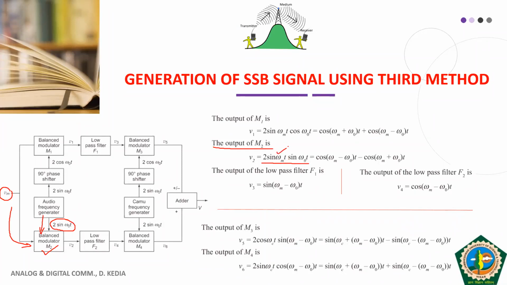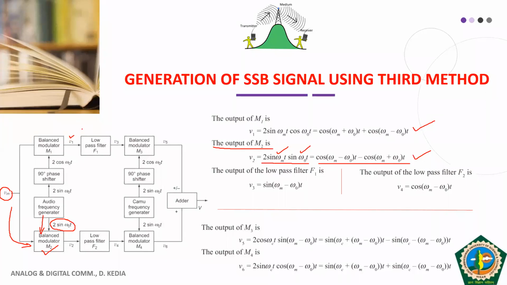So you have 2 sin A sin B. If you apply the trigonometric identity, you get cos(A−B) minus cos(A+B). As a result, you get cos of (ωm minus ω0)t minus cos of (ωm plus ω0)t. This is the output of balance modulator 2, and the earlier one is the output of balance modulator 1.